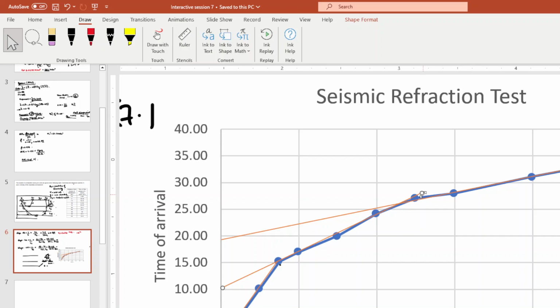You're understanding me? But is this the best fit for this line? Is this representing the line more properly or this? Tell me. You're understanding what I'm saying?